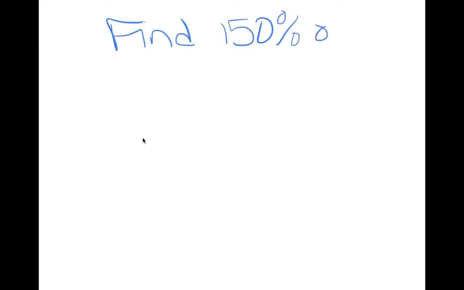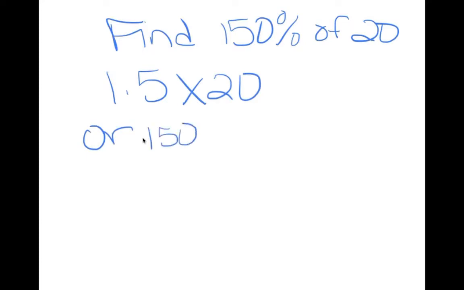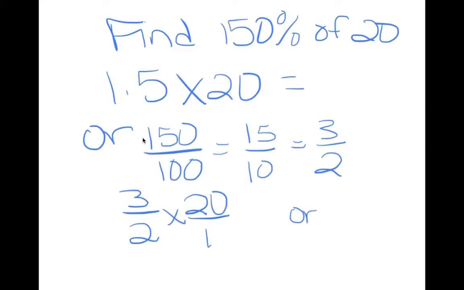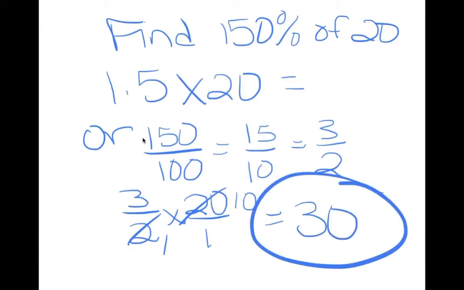I'd like you to find 150% of 20. Okay, so we would turn this into either a decimal, 1.5 times 20, or 150 over 100, which simplifies down to 15 over 10, or 5 goes into 15 3 times, 3 over 2, okay, and then we multiply 3 over 2 times 20, or 1.5 times 20, okay, 2 goes into 20 10 times, and 10 times 3 is 30, so 150% of 20 is 30, which makes sense.